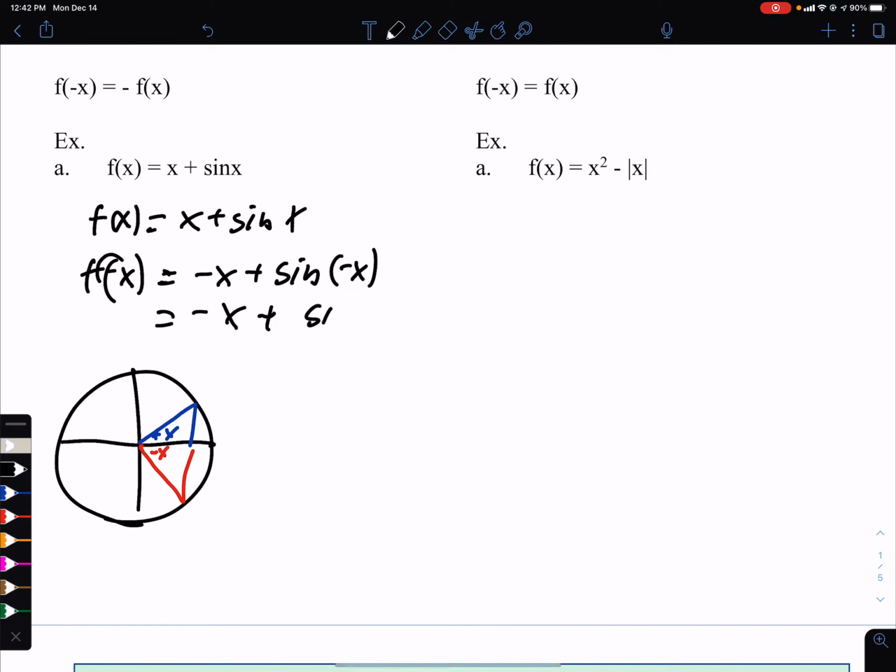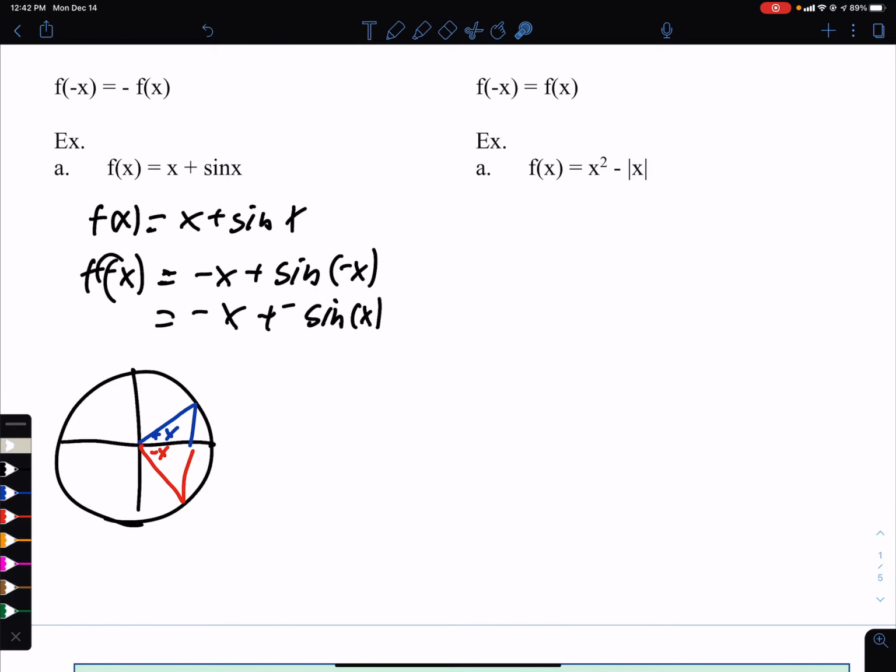That's why if I change your angle to the opposite, you're going to get the opposite.